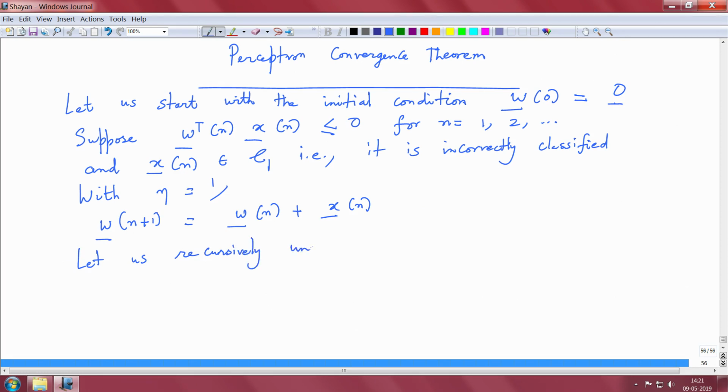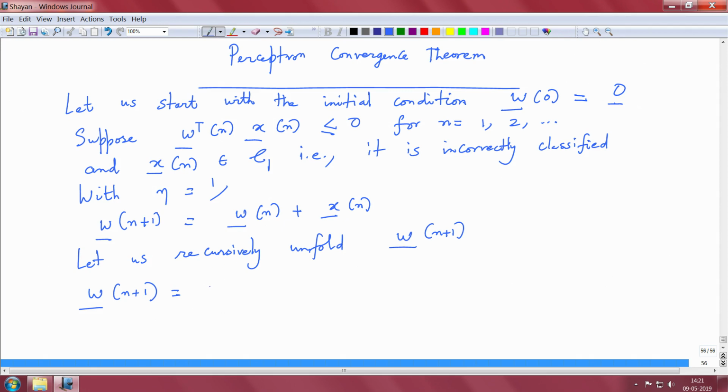Now, let us recursively unfold this weight at time n plus 1. This is a simple recursion. W_{n+1} is W_n plus x_n, then again expand W_n as W_{n-1} plus x_{n-1}, and so on and so forth.